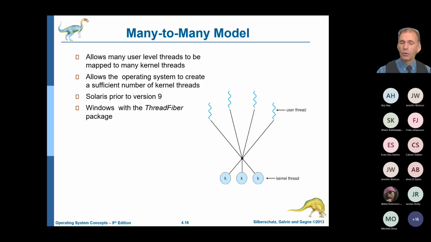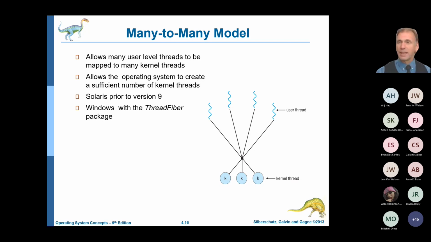So if you want the operating system to work this out for you, throw it at the thread fiber package, and then you just create what you want. That way, when your program is run on a different piece of hardware that can scale better, the operating system will go, oh, look, we've got more, and we'll do something here. So the operating system will create the number of threads that it can based on the number of threads that you've asked for.